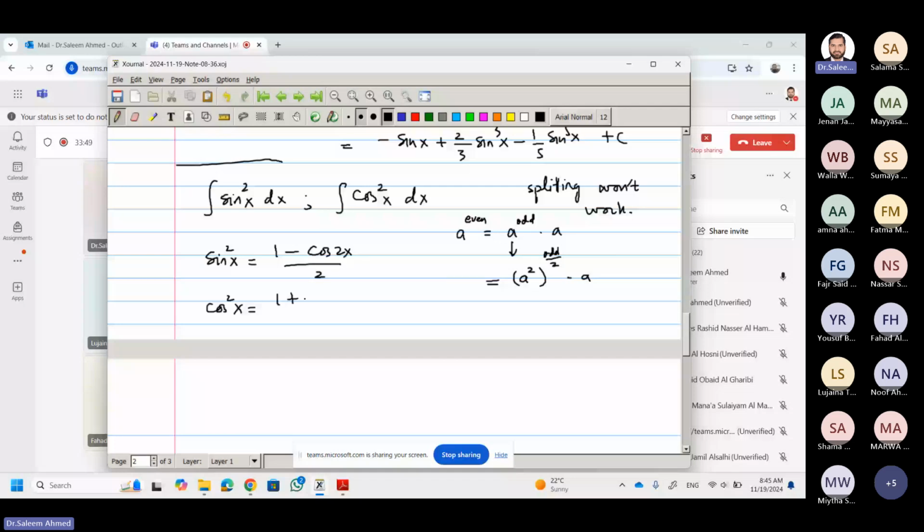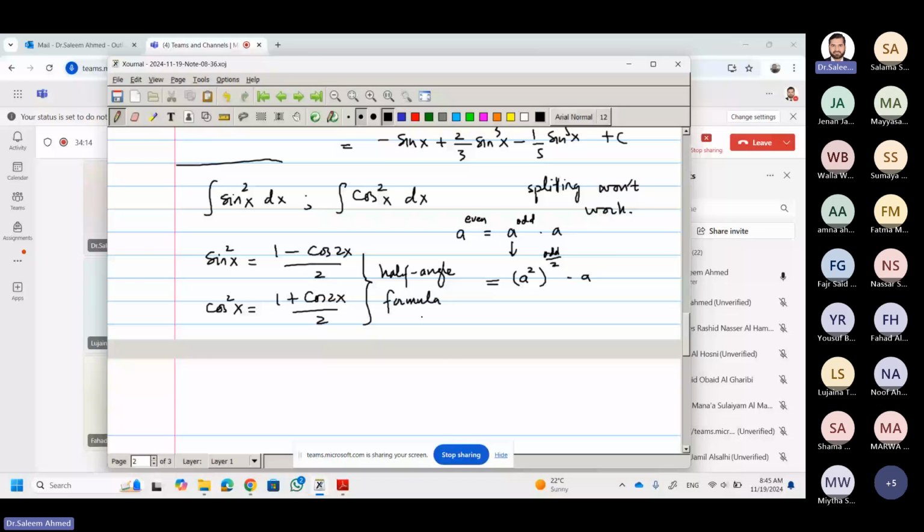Same formula, only a minus/plus difference. Both for sine and cosine we have cos 2x on the right side, but sine has a minus and cos has a plus. These are called half angle formulas. If you write half angle formula in Google, you will see these.